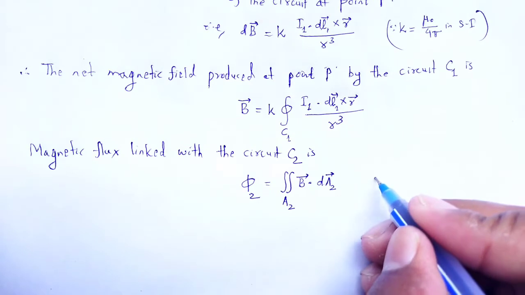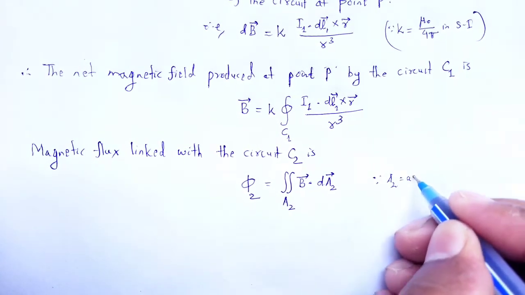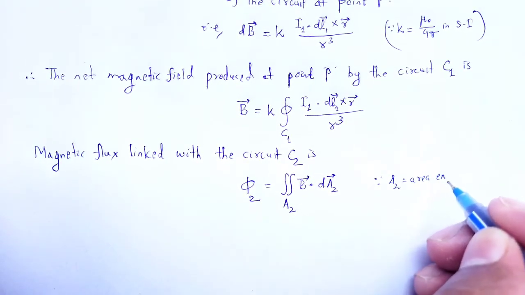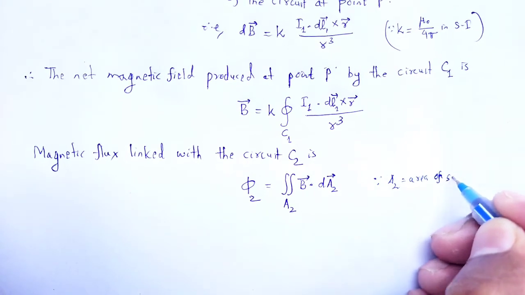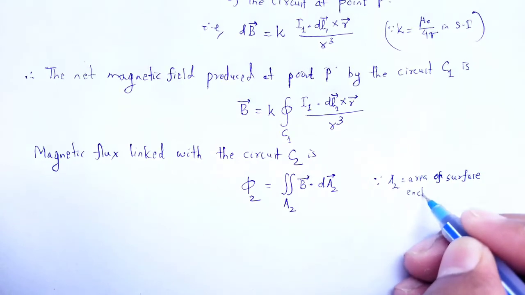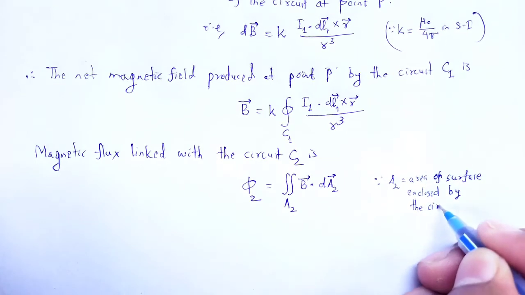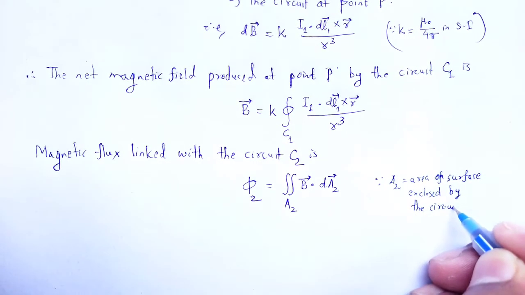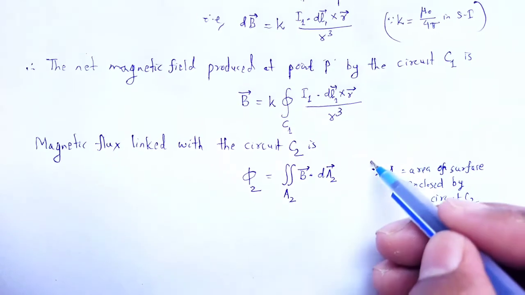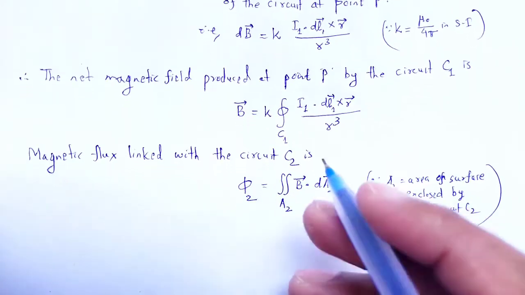where A2 is the surface enclosed by the circuit C2. Now, we substitute the value of B here.